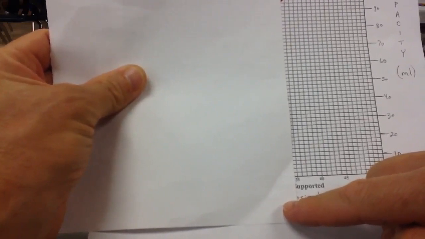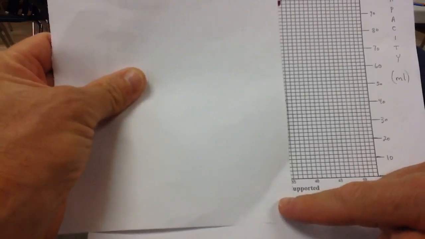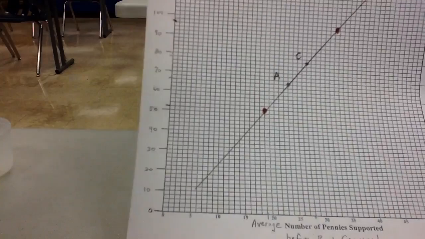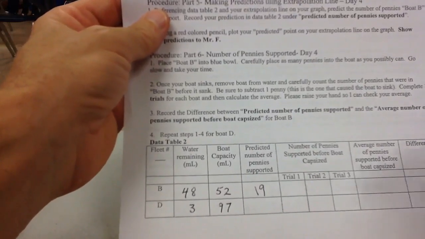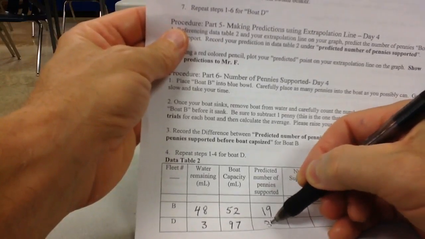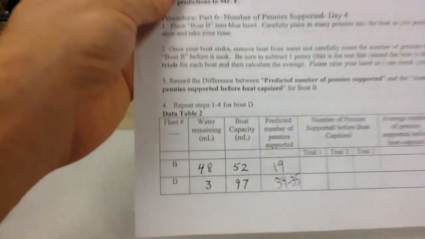Somewhere between 34 and 35 pennies will it support if I follow right along down from there. So now I will write that value in. So my prediction, according to my extrapolation line, would be anywhere from 34 to 35 pennies.